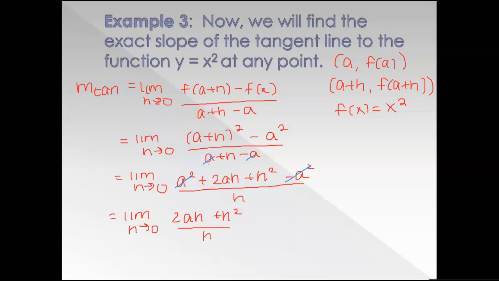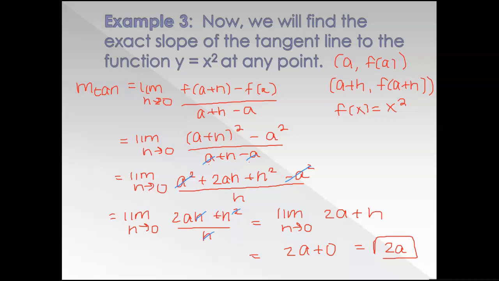So you can cancel an h here, here, and here. So this is equal to the limit as h approaches 0 of 2a plus h. Well, you plug in your limit finally, and you get 2a plus 0, or that the slope of the tangent line to this function at any point is equal to 2a.